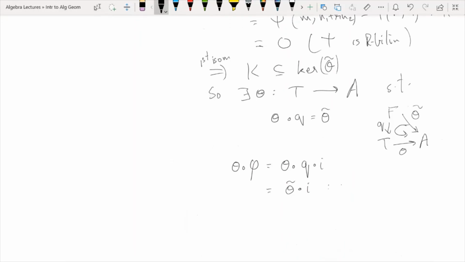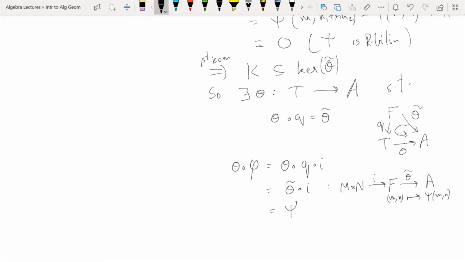So remember, this is the map M cross N to F, which is just the inclusion map, followed by theta tilde, which sends M comma N to C of M, N in A. So this is just C, the bilinear map C. So that proves that it has this universal property, and the uniqueness is also straightforward.